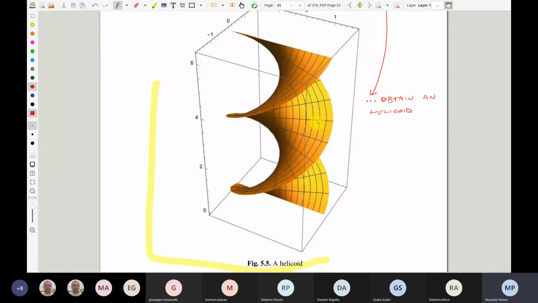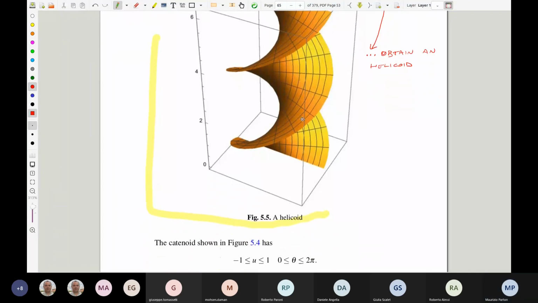If the thread is elastic and can bend, can be stretched, it doesn't work anymore. Distances are changing. So I'm assuming everything is rigid from a certain point of view, not rigid in the classical sense, but the material cannot be stretched or something like this. And so locally, the distances are preserved. Okay.